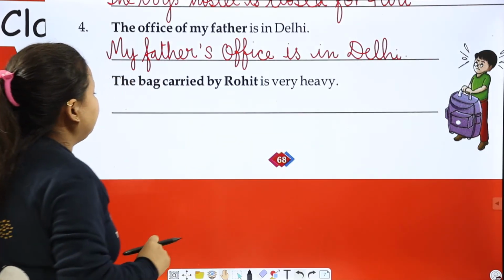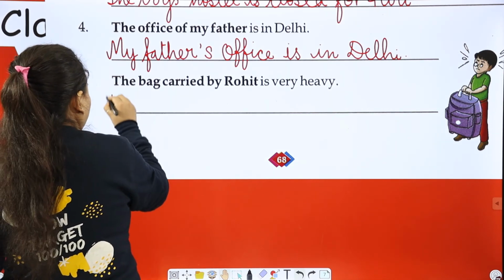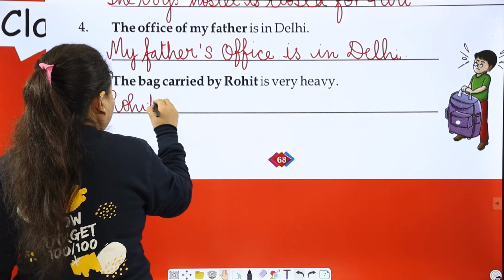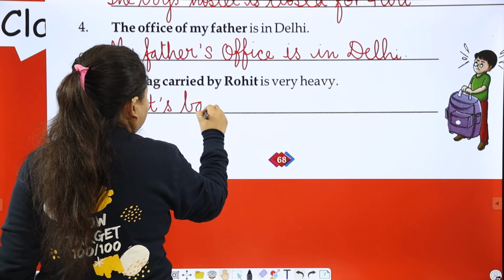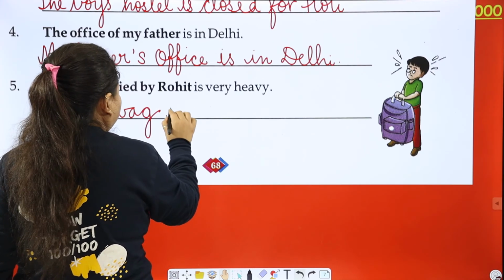The bag carried by Rohit is very heavy. So Rohit's bag is very heavy.